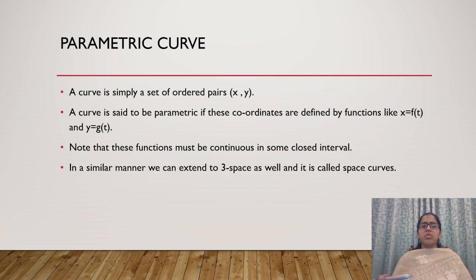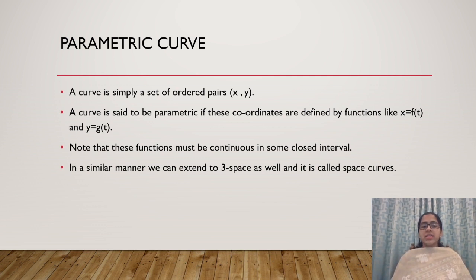We are all familiar with many curves like the function f of x equal to x, or sin x, or cos x. All these curves are represented by ordered pairs, and these curves are said to be parametric if these ordered pairs x and y can be represented by continuous functions, that is x is equal to some function f of t and y is equal to some other function g of t.